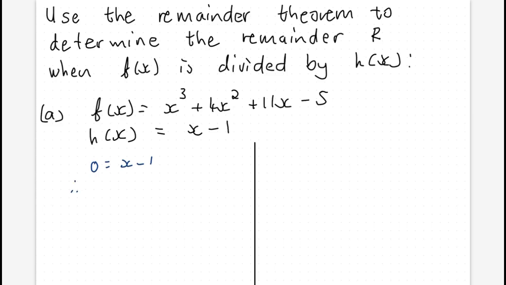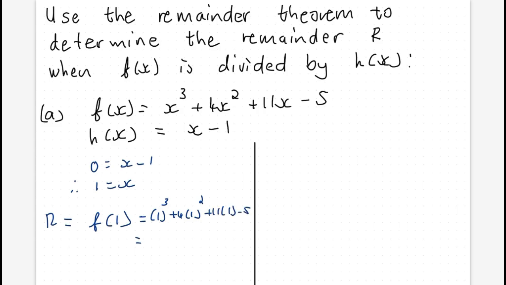And when you do that, you'd get that therefore x is equal to 1. And according to the theorem, f of 1 should give us what the remainder is. The remainder r is equal to f of 1, meaning it's equal to 1 cubed plus 4 times 1 squared plus 11 times 1 minus 5.